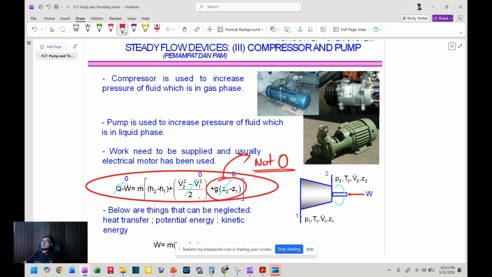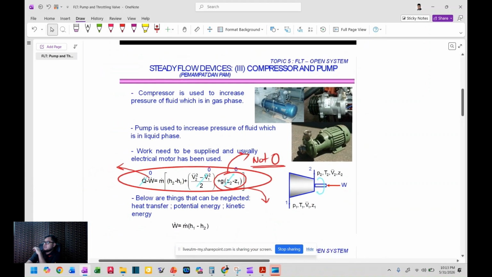So, by the way, guys, if this potential energy were to be considered, you all know how the rest works, right? For the power or work done, in the case of a pump, this is the pumping power. Let me just shrink this a little, I don't have too much space.